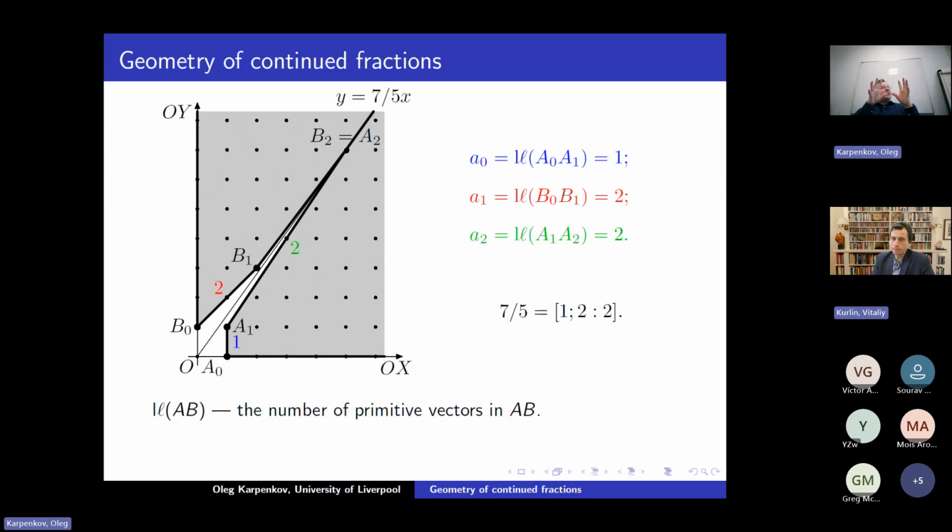Now, the convex hull of a set is the minimal convex set which contains our set. Here we have integer points, but the convex hull would be the whole gray region below the ray, and we are interested only in its boundary.